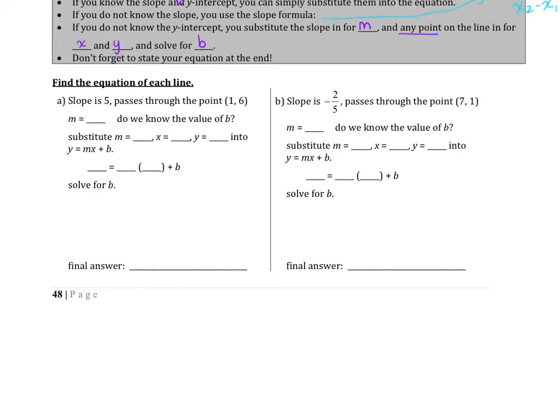If we know the slope is 5, we're going to substitute the slope of 5 in for the m, which is right there. If you don't know what the y-intercept is, you have to be given another point. So that's what this point is. This point is 1, 6.